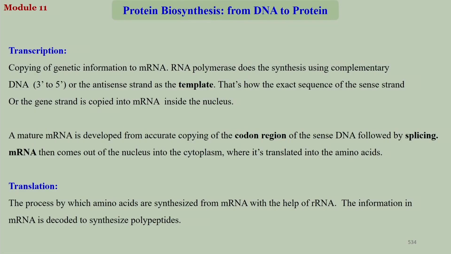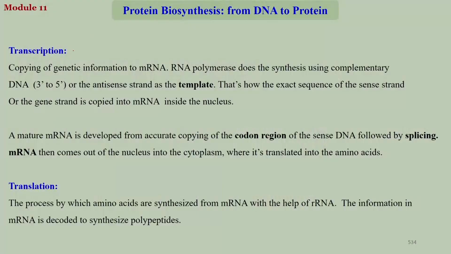The process of transcription was how you can take the information from the nucleus to the cytoplasm, because protein is synthesized in the cytoplasm, DNA stays in the nucleus. So, how this transfer of information happens from the nucleus to the cytoplasm, that is basically your transcription.